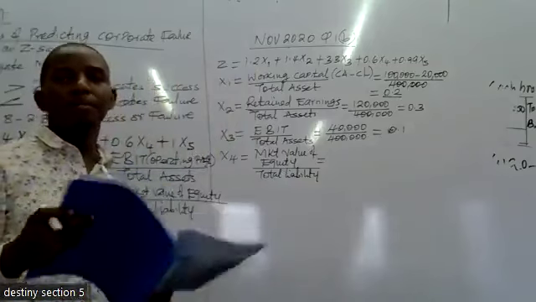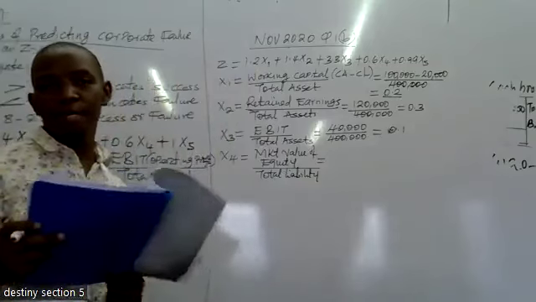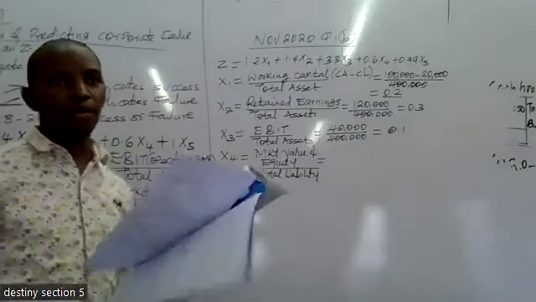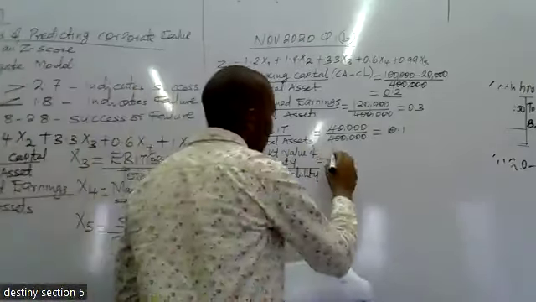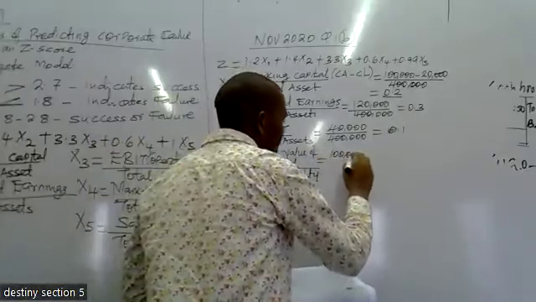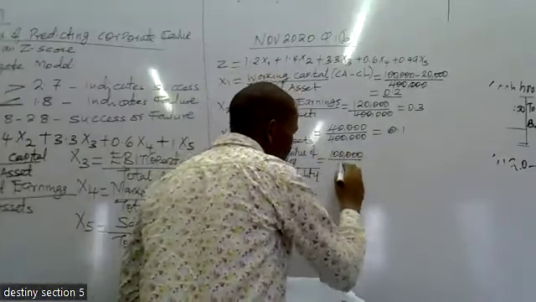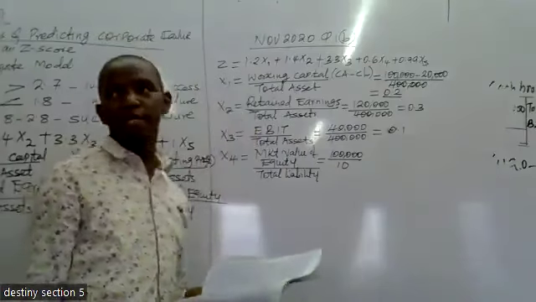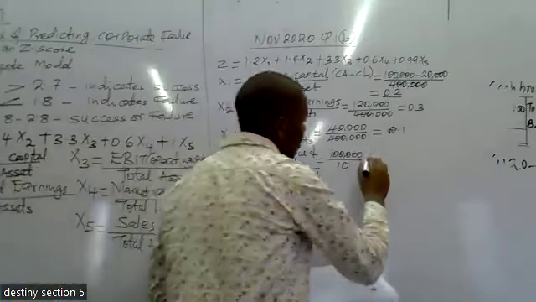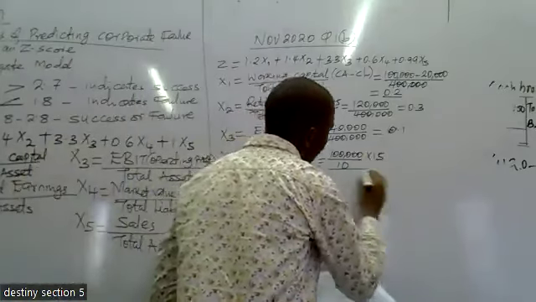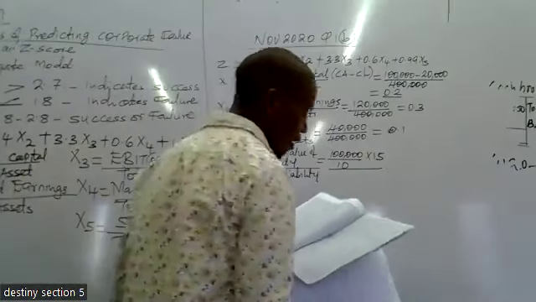So you just get the number of shares, you multiply by the current market price. What is our number of shares? The number of shares will be the share capital, 100,000, I divide by 10. That is giving us the number of shares. And they are currently trading at 15.